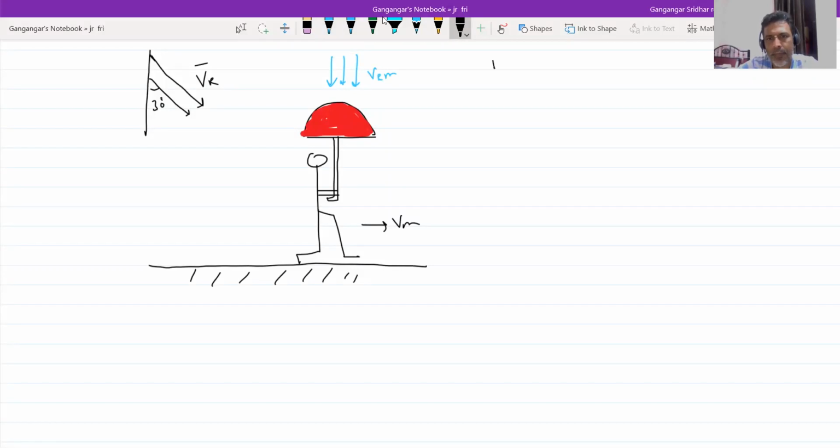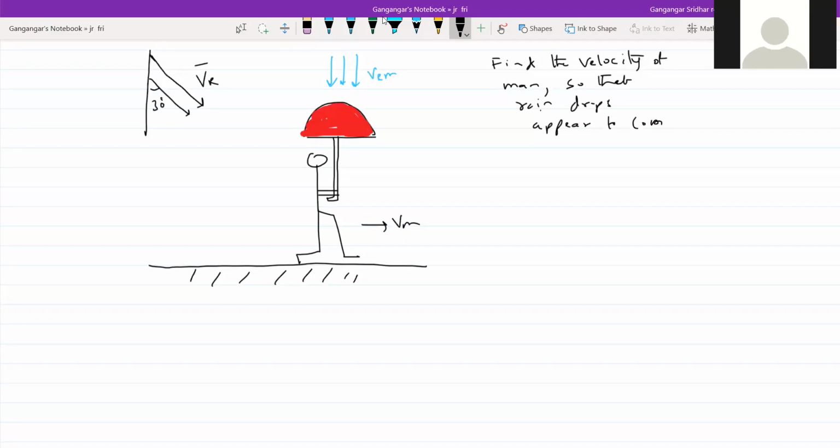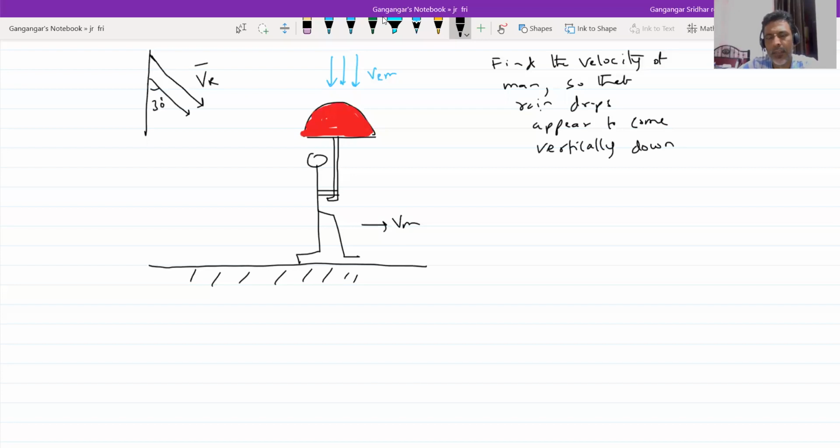Find velocity of man so that raindrops pour vertically down. Okay, I'm just putting it in a simple way. That's why he's holding the umbrella against that one.